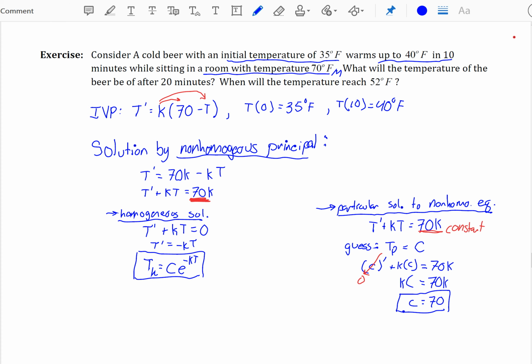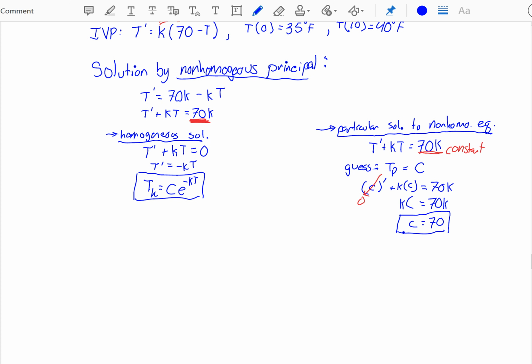So by the non-homogeneous principle, we can now say that the general solution has to be T of t is your particular solution plus your homogeneous solution.